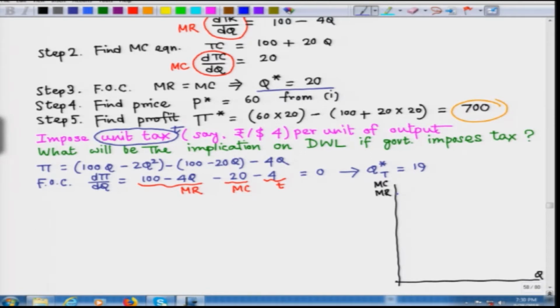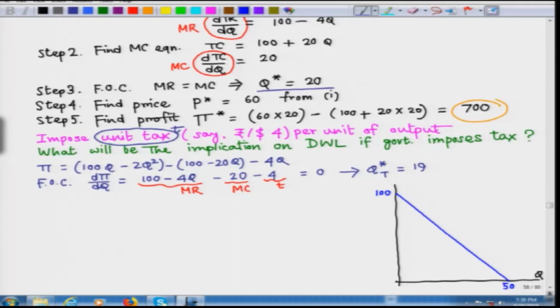So, let me first have that, and given the demand equation, we know that its horizontal axis intercept will be 50. Okay. So, let me create some room here for numbers, okay, 100.